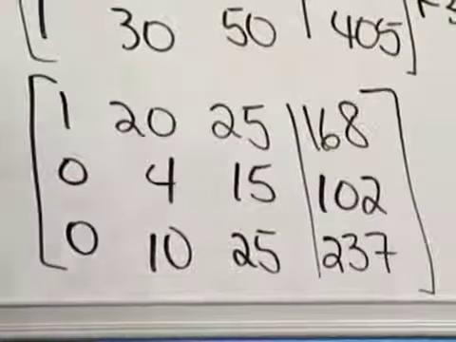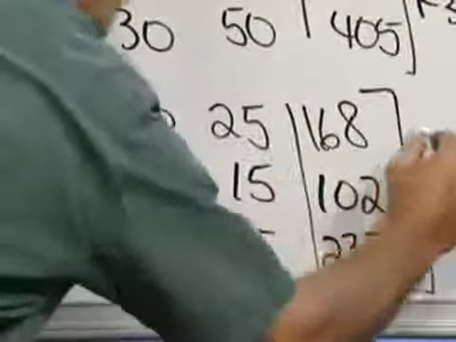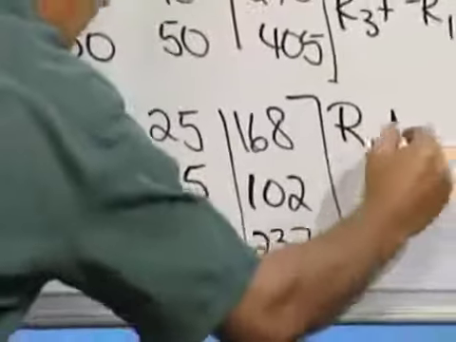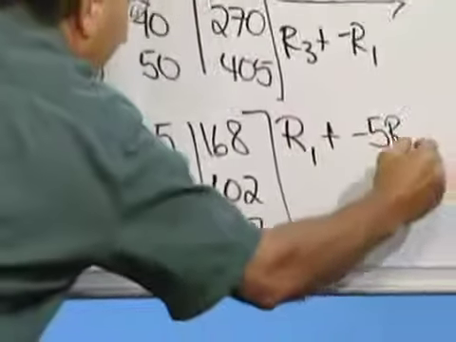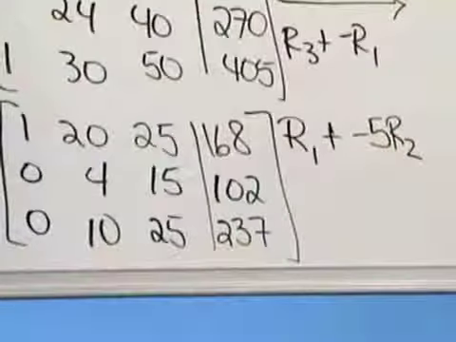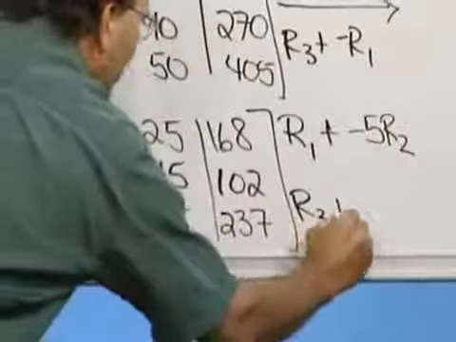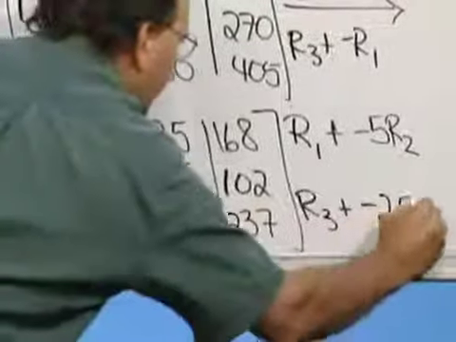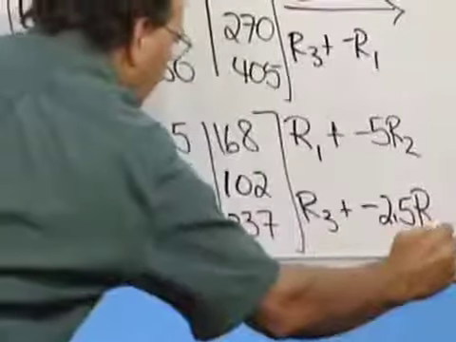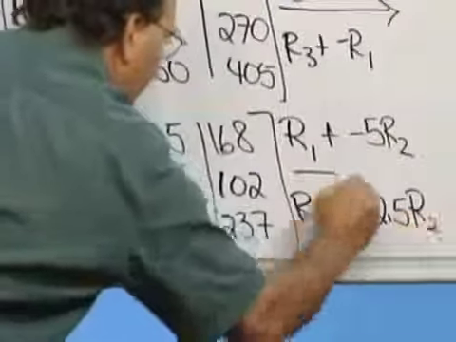So let me write down those row operations. It's row 1 plus negative 5 times row 2. And it's row number 3 plus negative 2.5 times row number 2.